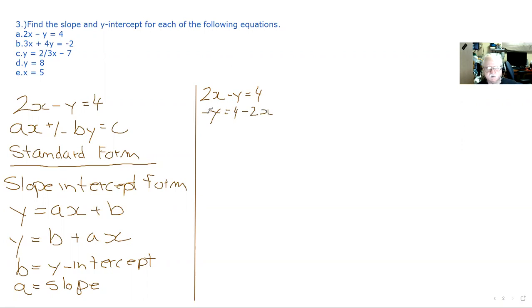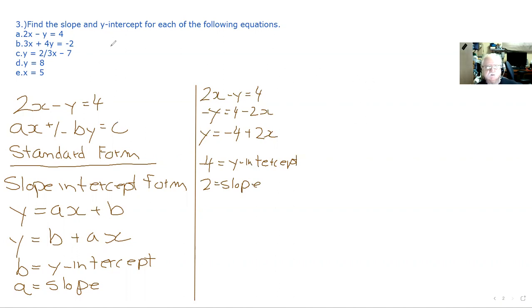And then we have to multiply through by the negative 1 to get rid of this. We have y equals negative 4 plus 2x. And now we can easily see the one sitting on its own is negative 4. So negative 4 equals the y-intercept. And 2 equals the slope.